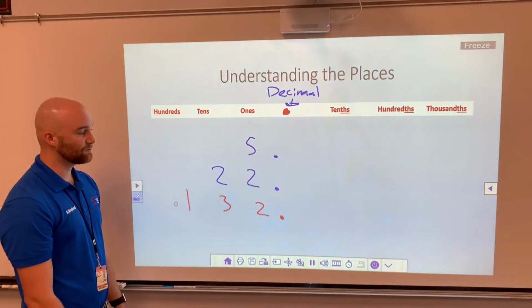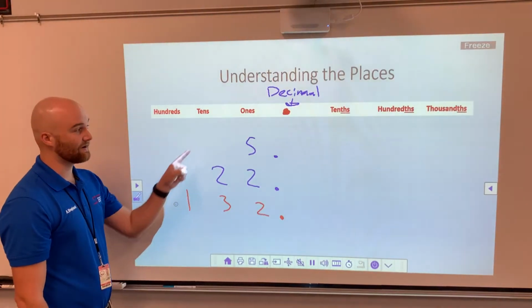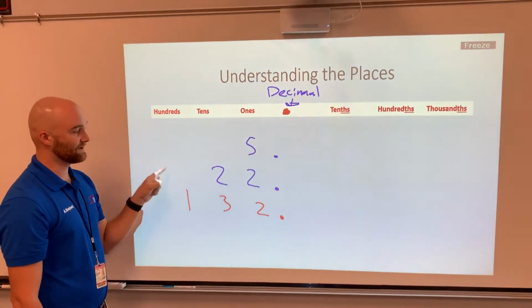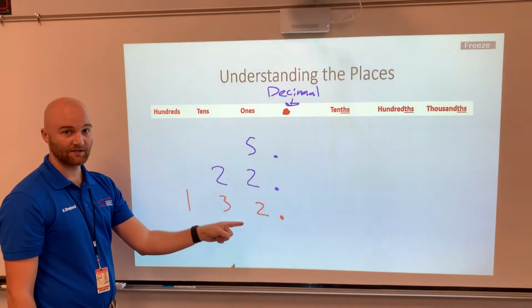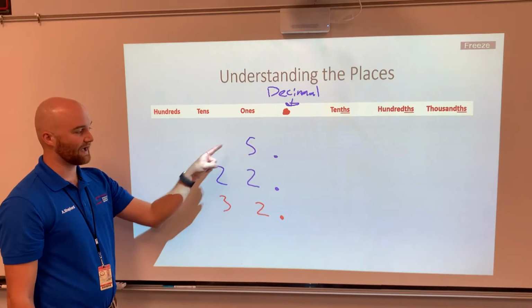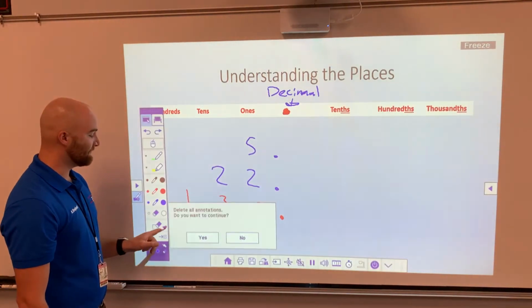It's pretty obvious which one of these has the most worth, because we can see over here the 5 and the 22 have nothing in their hundreds section, and 100 is worth a lot more than any of this other junk. So we know that 132 is worth way more than the 5 and the 22. So we've talked about whole numbers.